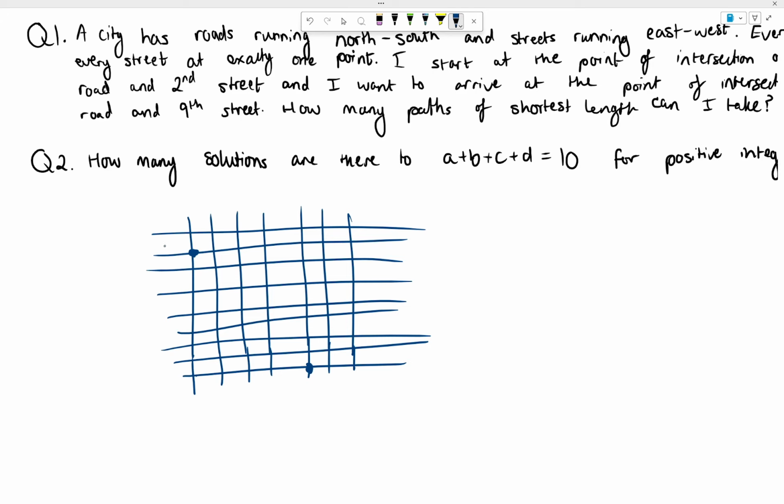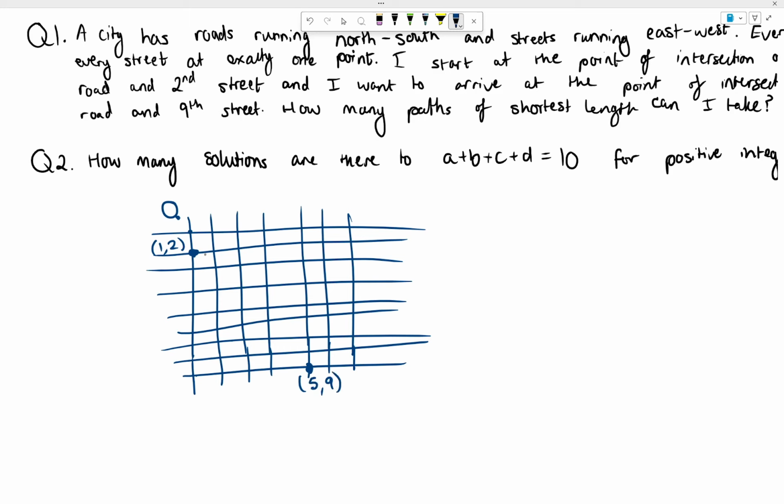So these are a bit like coordinates. So I can write this as, if we imagine the origin to be somewhere around here, and if we imagine that all the coordinates are still positive, just for the convenience of the question, this would be the coordinate of 1, 2, and this would be the coordinate of 5, 9.